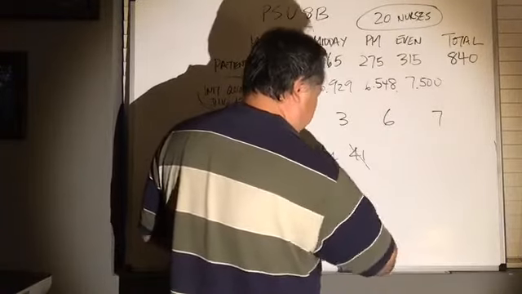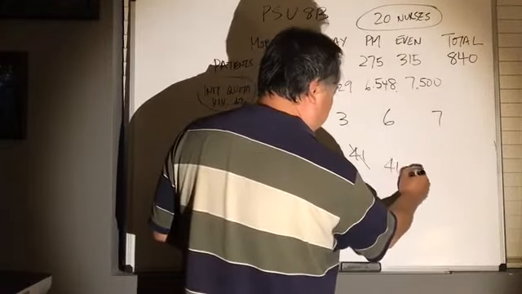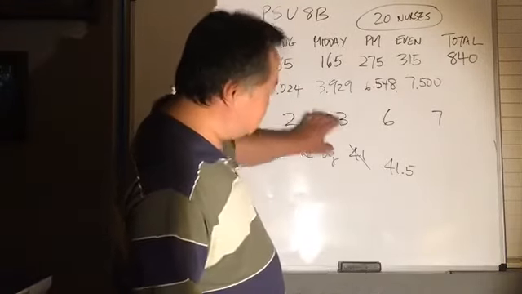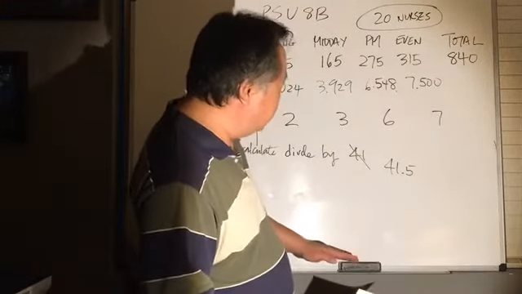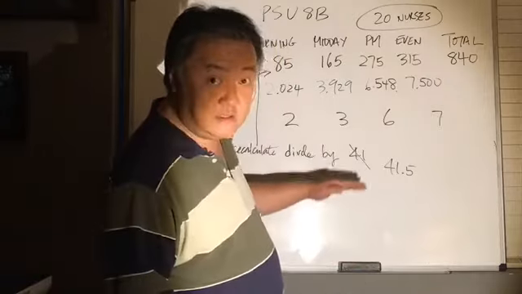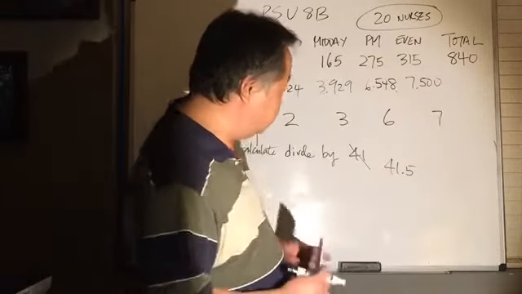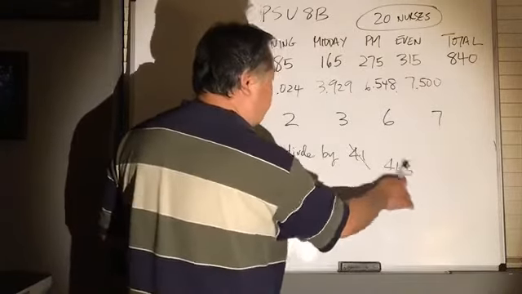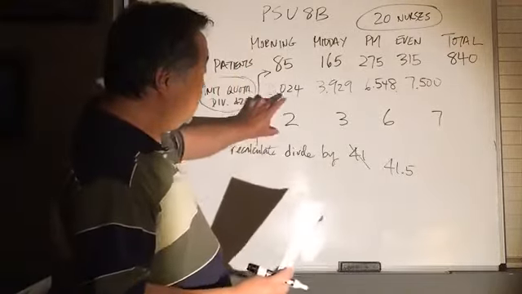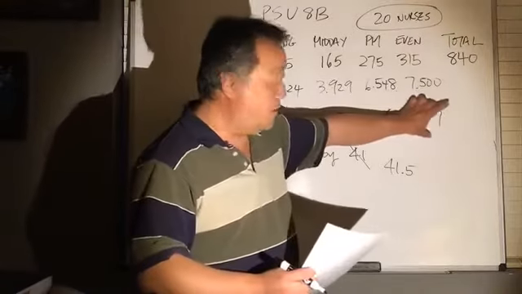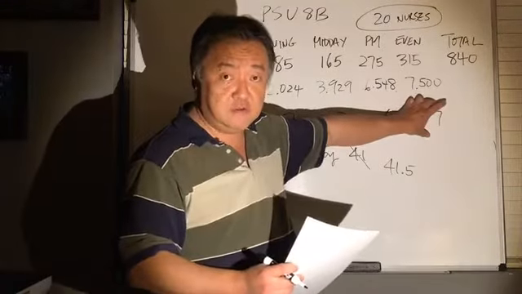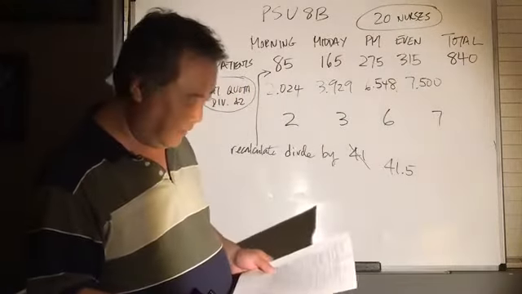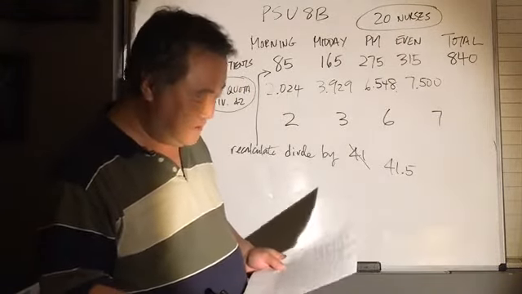I guess instead it should be 41.5. If you want to decrease, then you want to raise the divisor. So basically you're going to adjust this number so that you get 4 values that add up to 20. All right, so that's Jefferson's method.